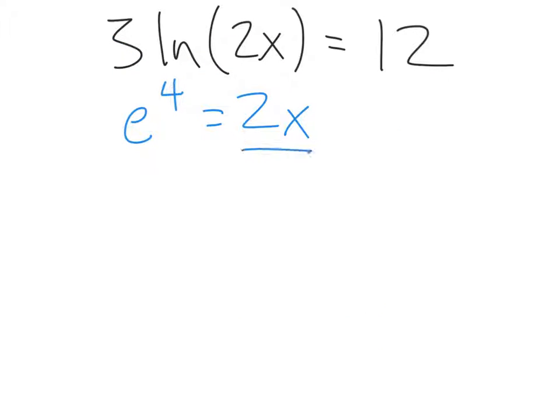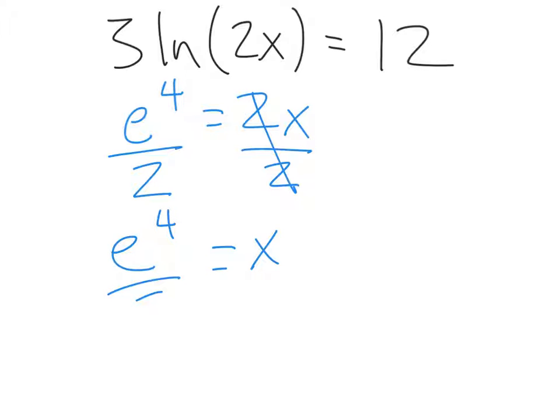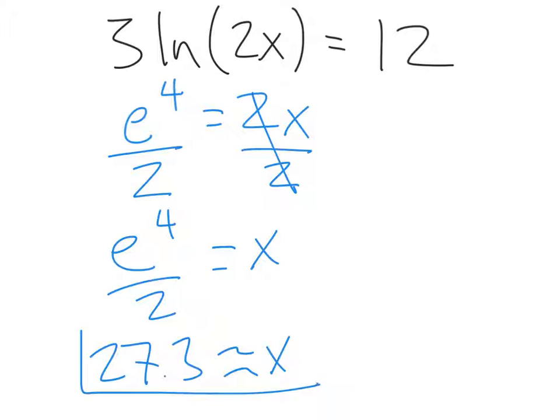So here we go, divide this side by 2, divide this side by 2. The 2's cancel, and we get the number x equals e to the 4 over 2. And if you put that into the calculator, e to the 4 over 2 is about 27.3 as a decimal. And that would be our answer.